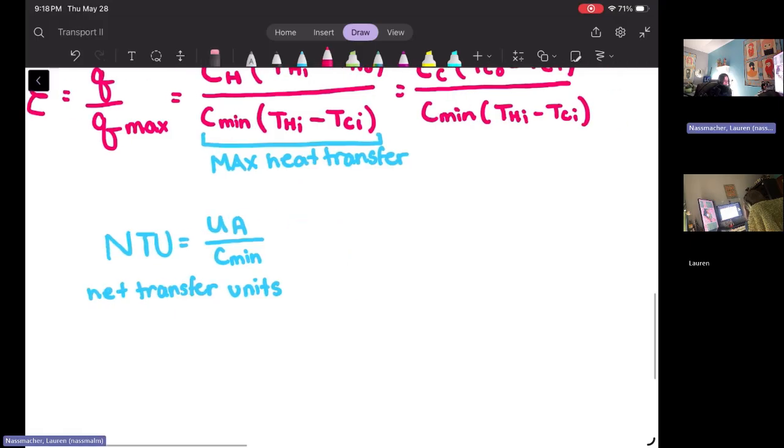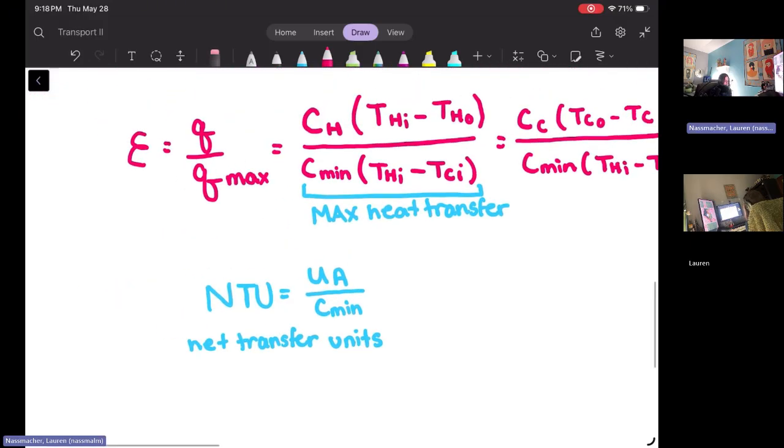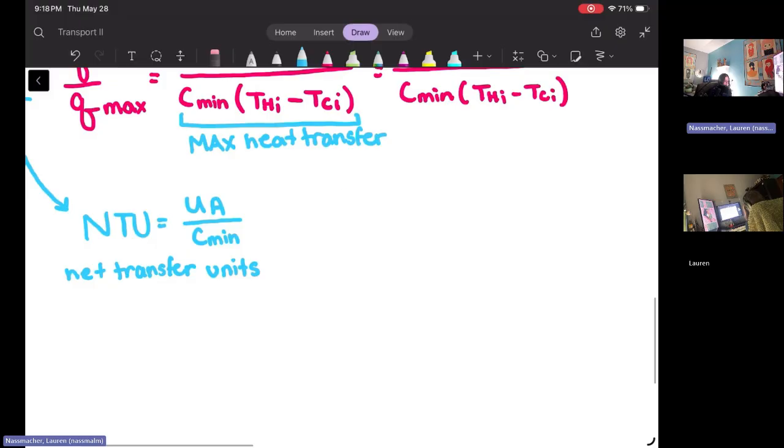You can also use the relationship. This efficiency is related to the net transfer units as well. You can use the mass flow rate heat capacity of the minimum stream divided by the mass flow rate heat capacity of the maximum stream. Oh my gosh.